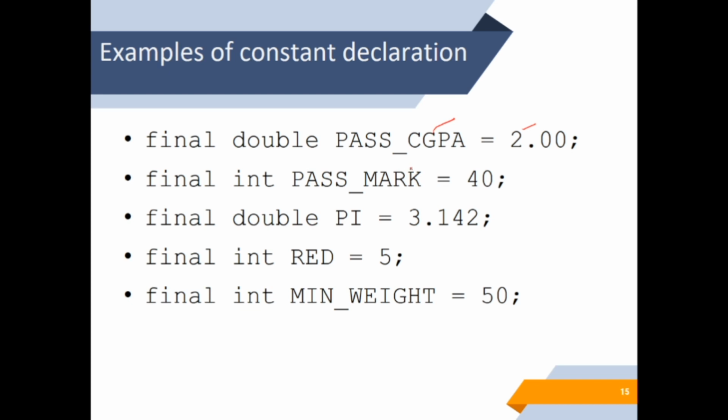Integer final pass mark 40. It depends on what you declare. You can declare any variable as a constant variable; there's no problem with that. Integer min weight 50. What's more important here is the word final, showing that the variable is a constant, followed by the data type of the variable. Then you put the variable name. This is how we declare a constant variable and put the value.